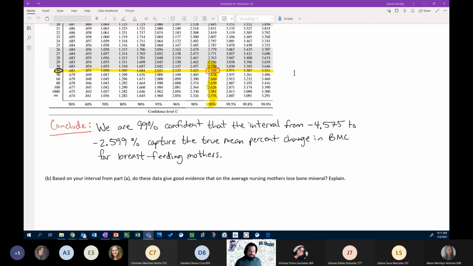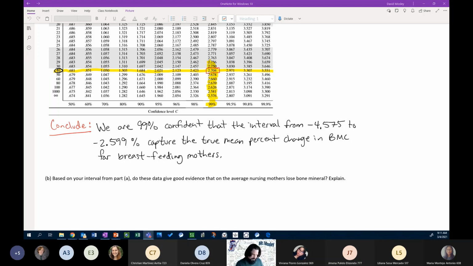Is there anything that I can clarify from this example so far? I mean, it's very similar to what we did with proportions.